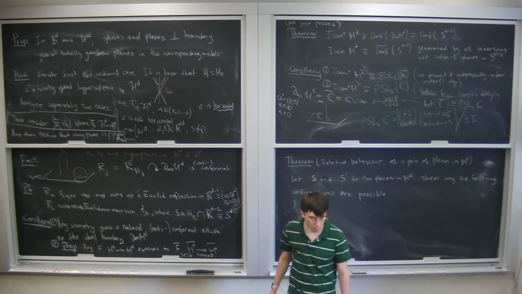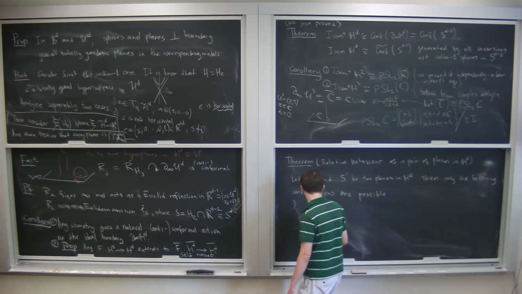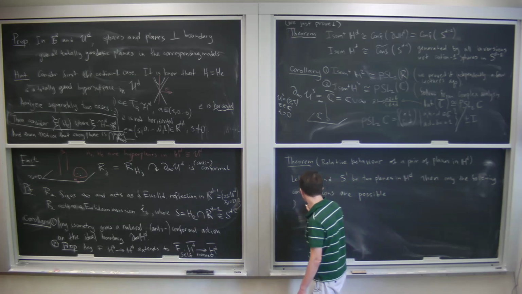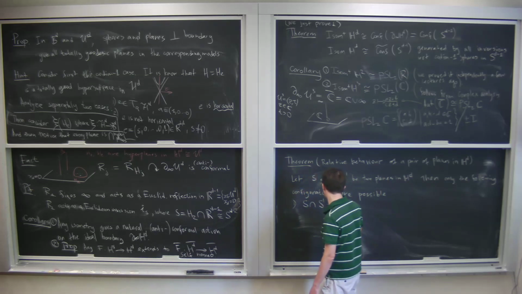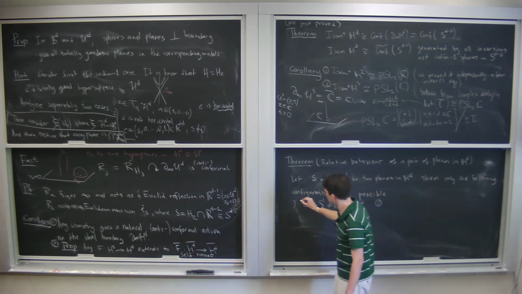So the configuration number one: the intersection is not empty. So S intersected with S prime is not empty in H3.